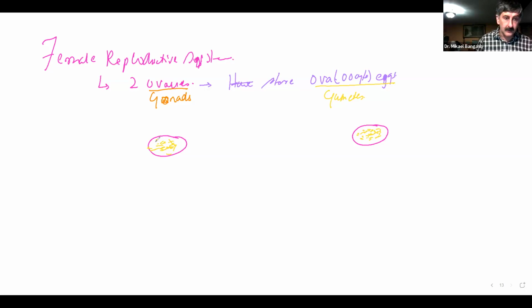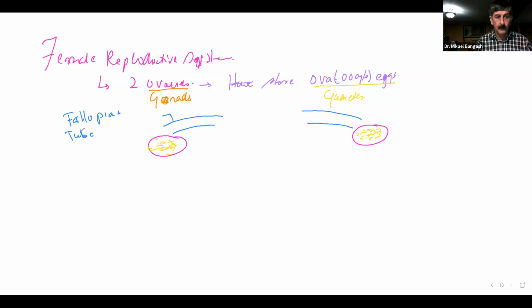So likewise, the female reproductive system is also going to have its own tubular system, which we'll call the fallopian tubes, or as some people may also call them, the uterine tubes.